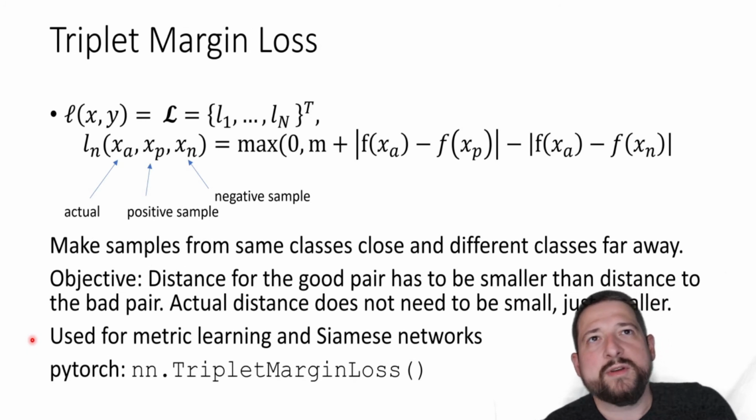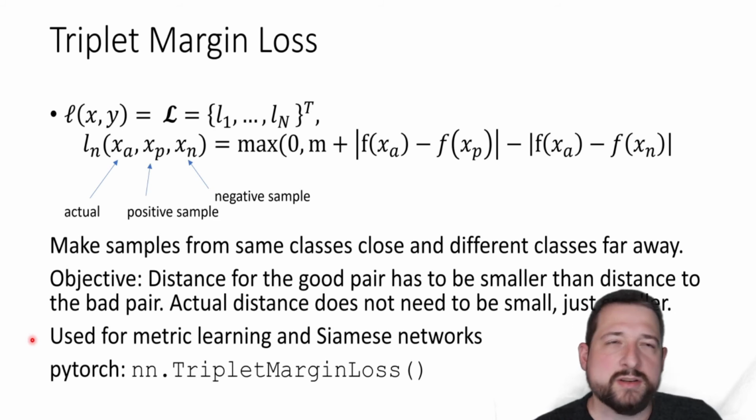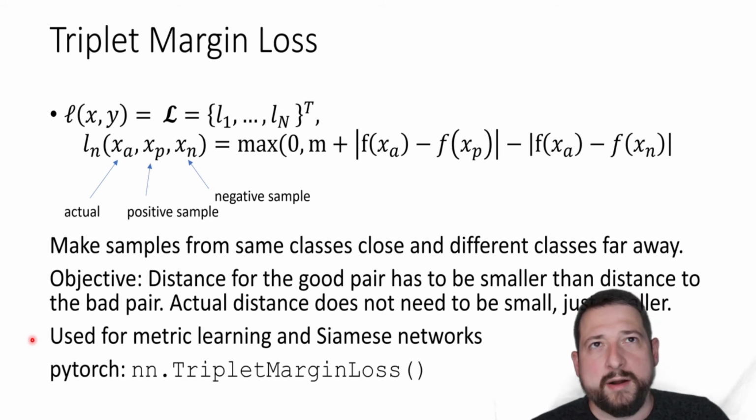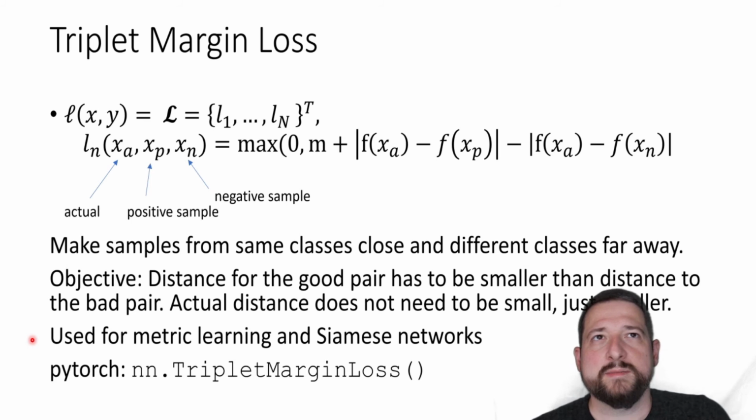There are several variants of the ranking margin losses. This is, for example, the triplet loss, which is a popular choice by now. In the previous one, we used pairs of data points. Now here we use three data points. This loss is used for measuring a relative similarity between samples.